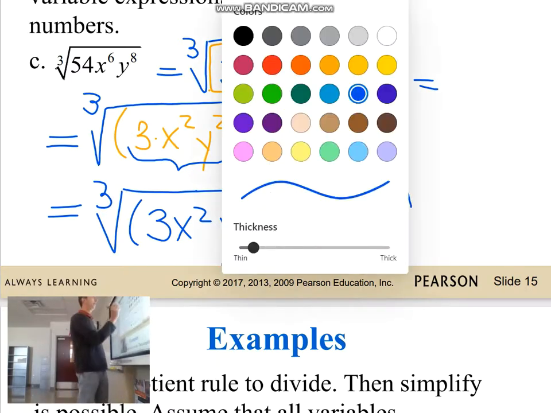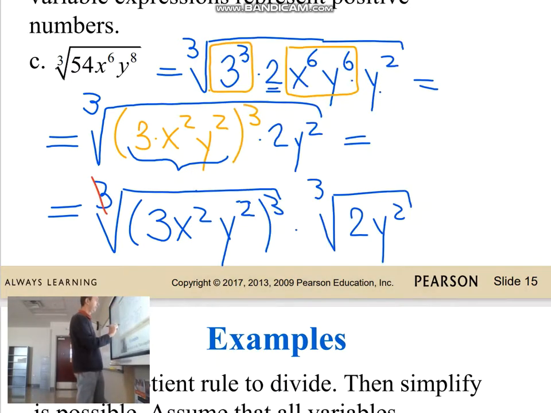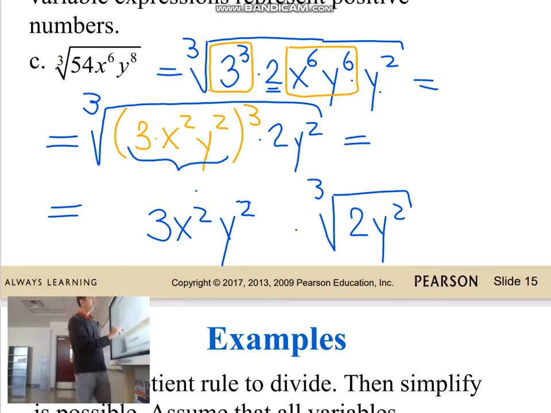And this we can simplify. Look, let me just erase. 3x squared y squared times cube root of 2y squared. That is going to be the answer after all the simplifications that you can work out on the radical expression.